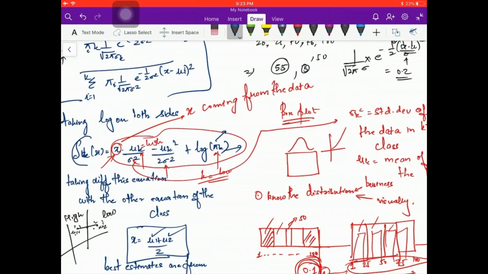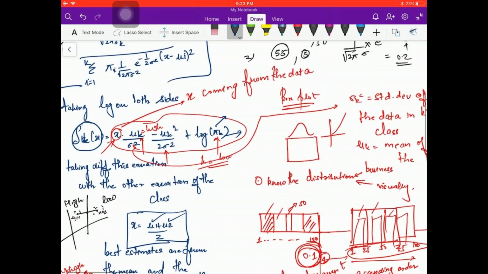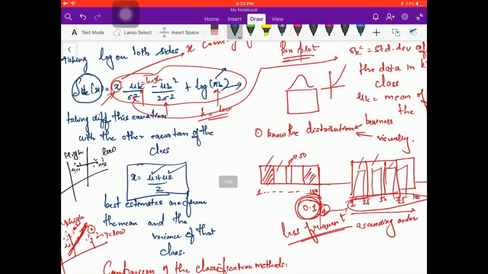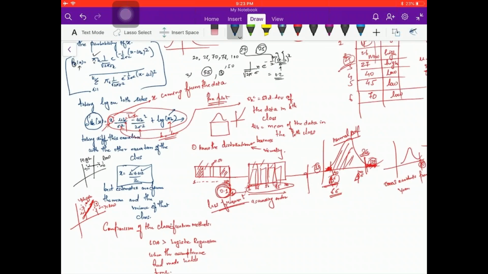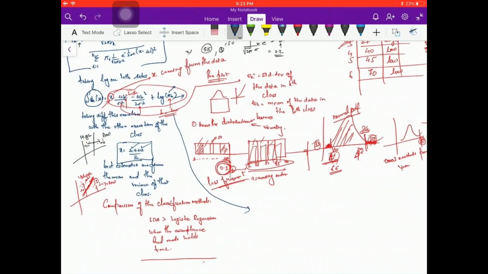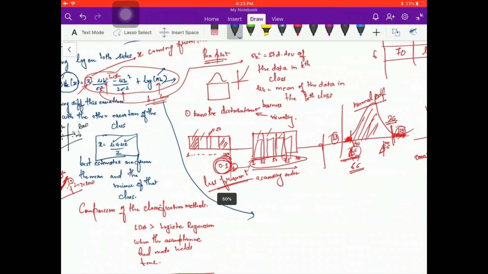So if this is the probability and I equate it, let me take this equation and solve it.